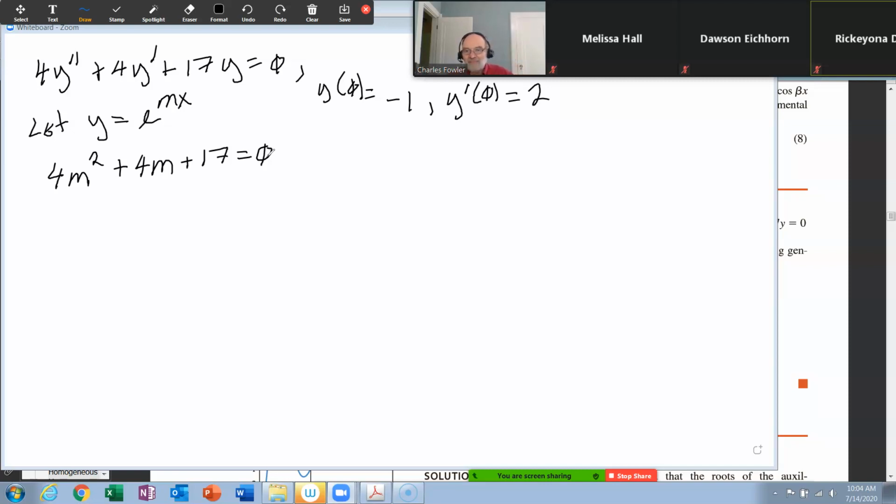Not going to happen. So we have to go to the quadratic formula, which is simply m is equal to minus b, in this case 4, plus or minus the square root of 16, 4 squared, b squared is 16, minus 4 times a times c.